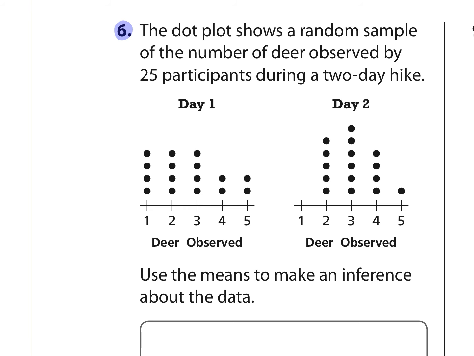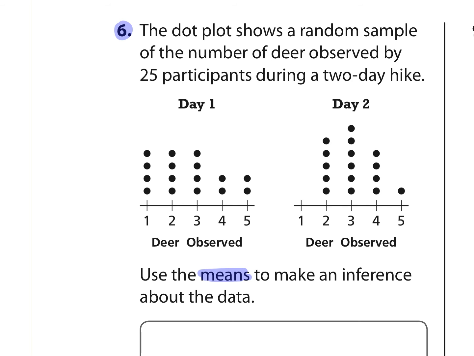Number 6, the dot plot shows a random sample of the number of deer observed by 25 participants during a 2-day hike. Use the means to make an inference. So, mean is where we add all the numbers and divide by how many there are.